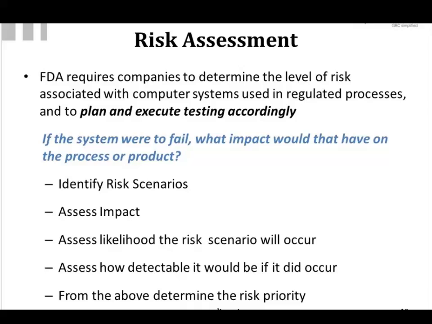That's the probability. And then determine whether that's detectable. If it did occur, would you know it? And based on all of these together, you're going to come up with a risk priority or risk profile for each type of system. But at the same time, you want to also look at mitigation and how you can mitigate some of those risks, maybe reducing it.